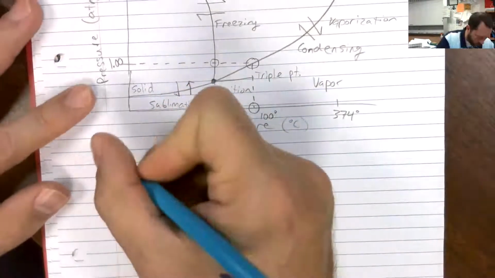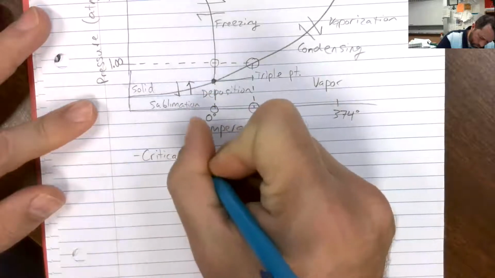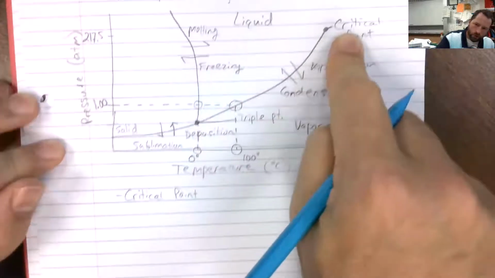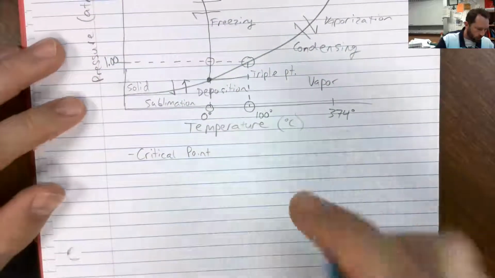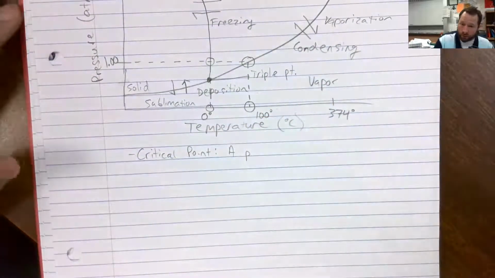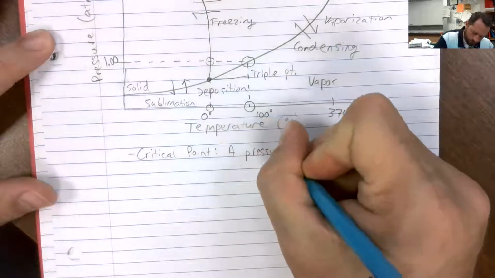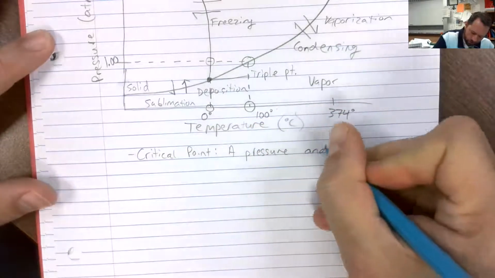As I mentioned, I want to give you a couple of notes here. The critical point. And we labeled ours right up here. You'll find this on most phase change diagrams. Most substances have a critical point. It is a pressure and temperature.